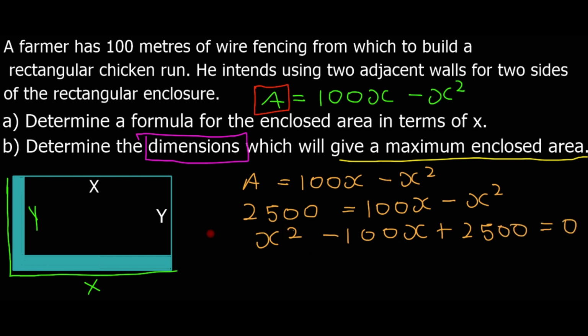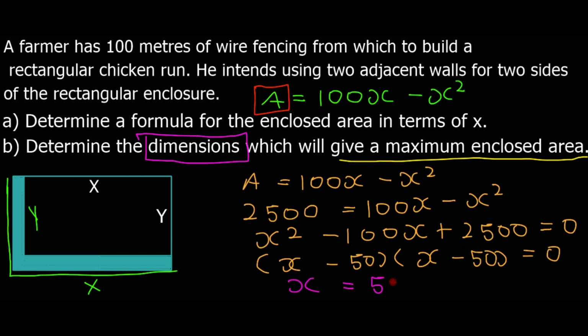So from there we can see that it is all about factorizing. When you factorize this, you get x minus 50 and x minus 50. If you're not sure, you can use the quadratic formula. So from there x equals 50.